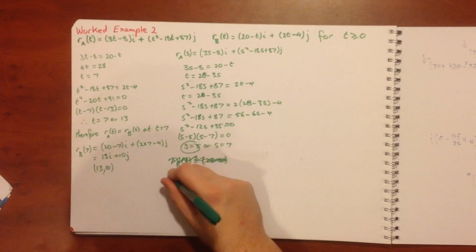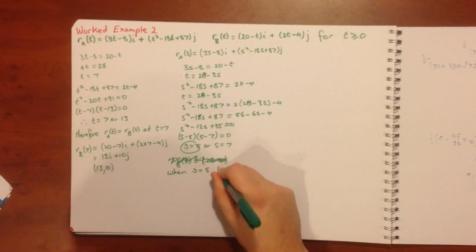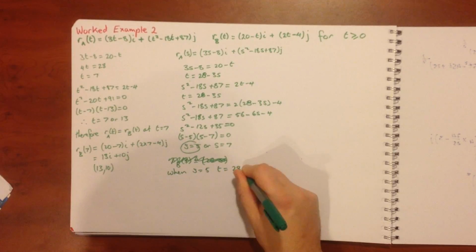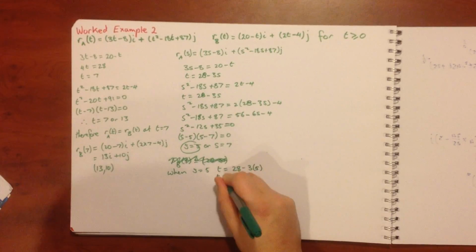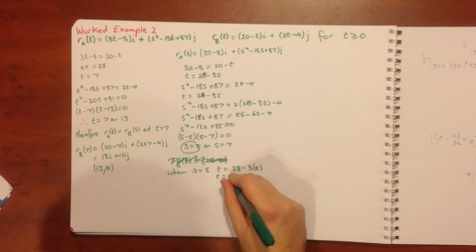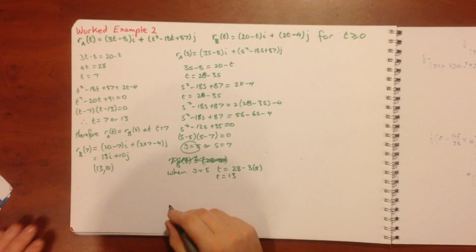So when our s equals 5, t is going to equal 28 minus 3 times 5. So our t is going to equal 13. So we're actually subbing in our 13.